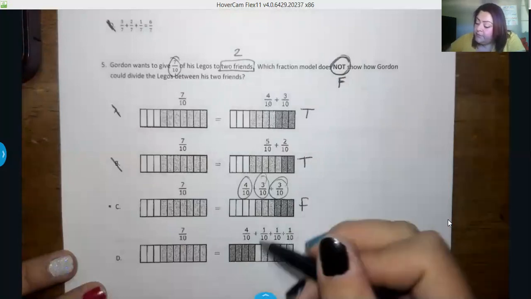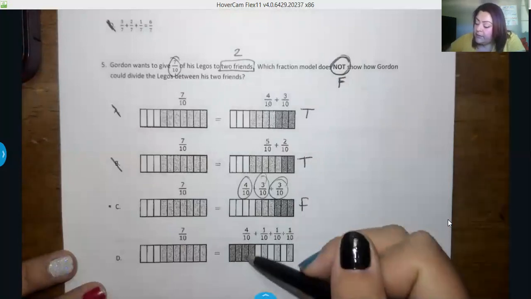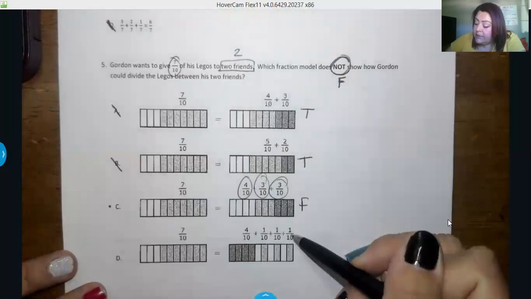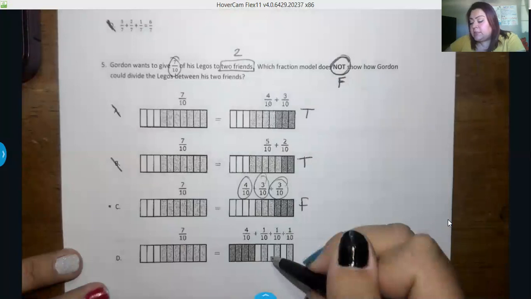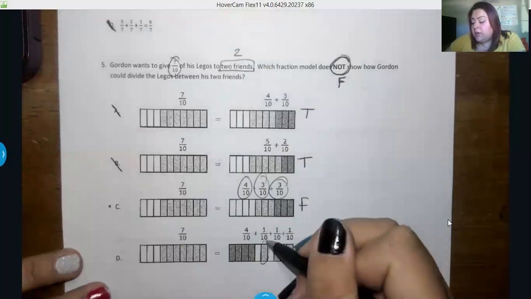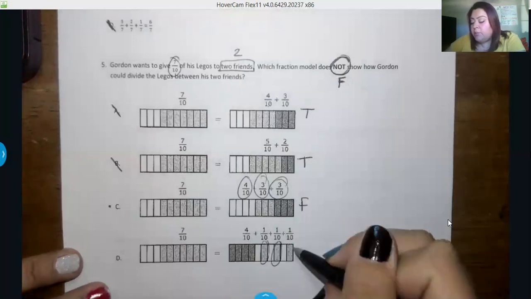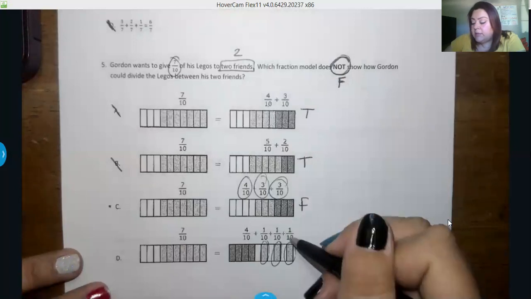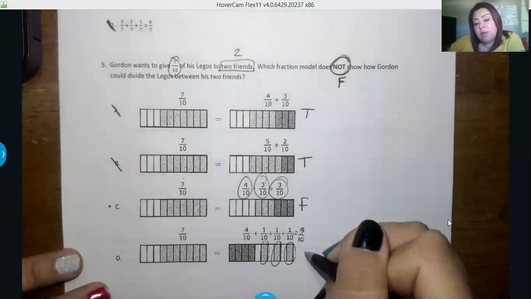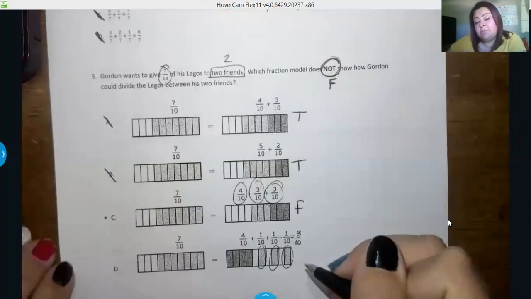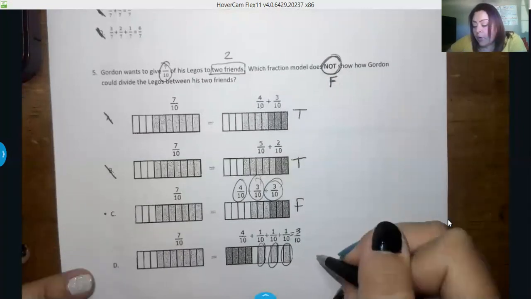The next one, I've got 4/10 plus 1/10 plus 1/10 plus 1/10, right? So let's look at this. All he did was separate them. He broke apart this part because this still equals 3/10. So this is still breaking it apart between 2 people, not 4 people.